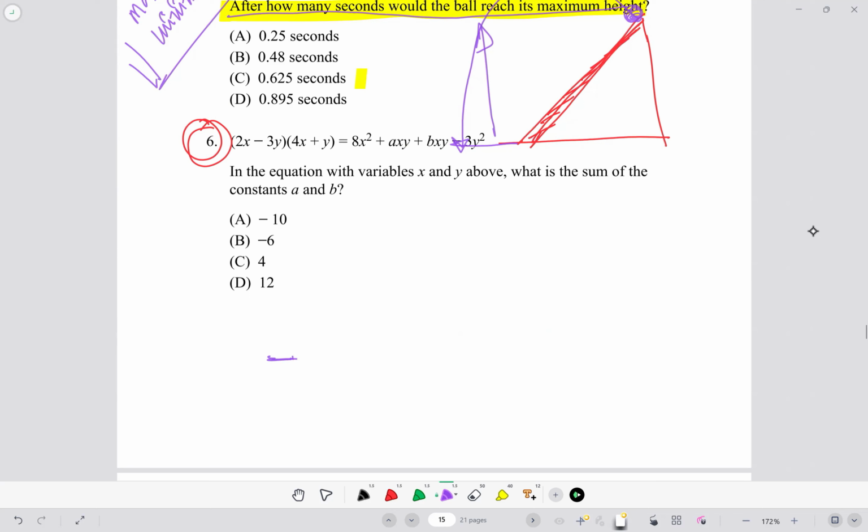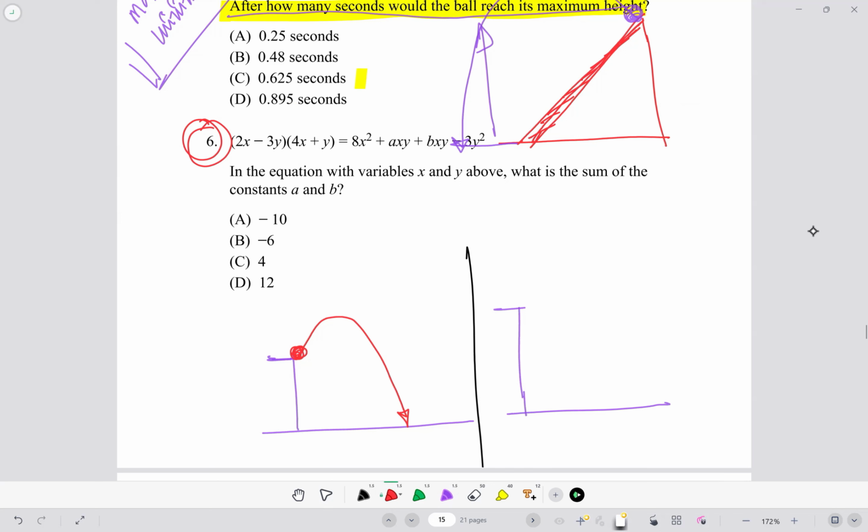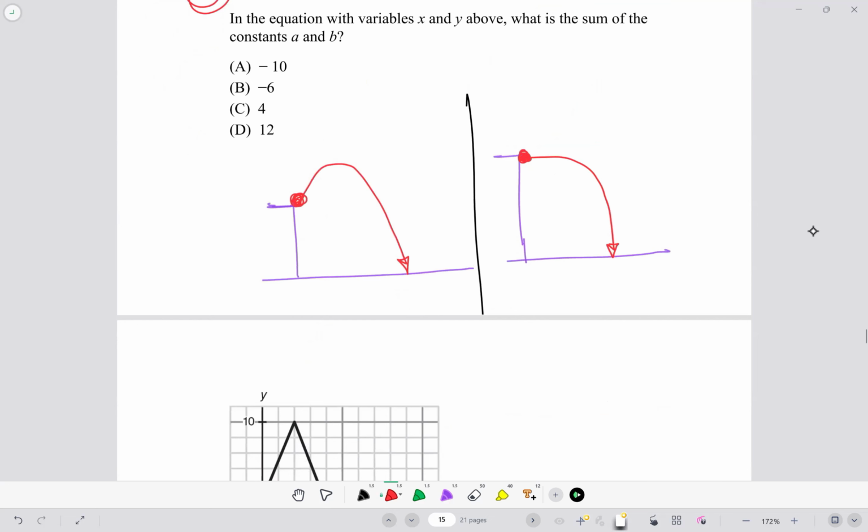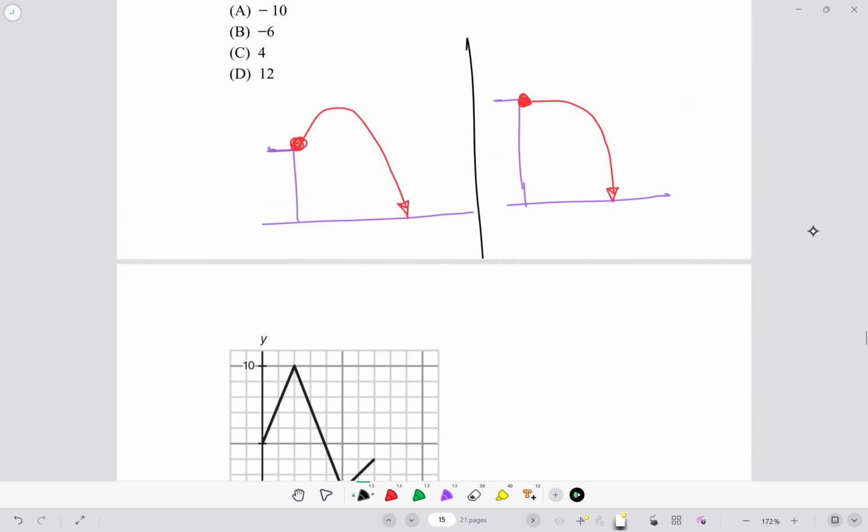So for example, if this is the situation, then the projectile motion can be like this, like this. It can also be like this.